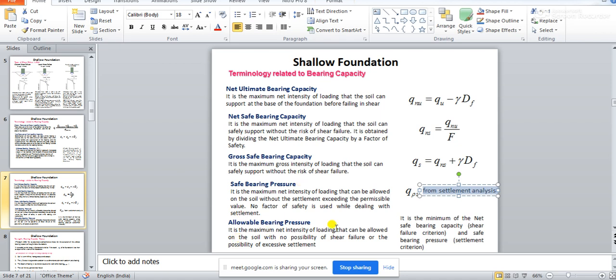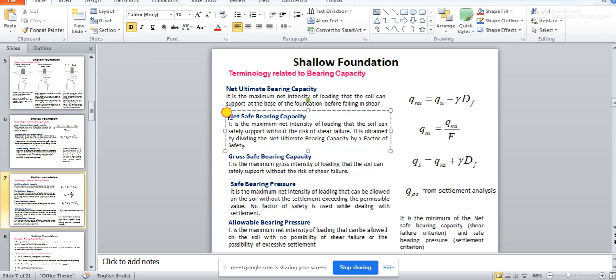And you see it is the minimum. Basically, the net safe bearing capacity and safe bearing pressure are similar terms, but in the case of net safe bearing capacity you have applied the factor of safety, and in the case of safe bearing pressure you have not applied the factor of safety.